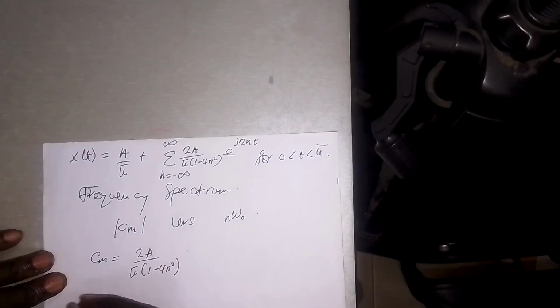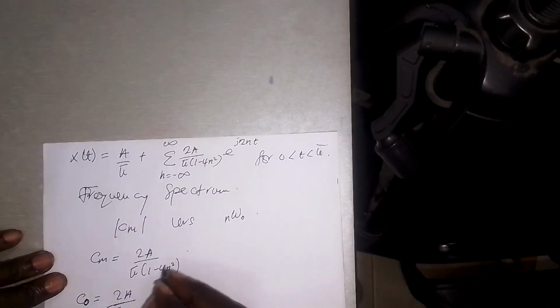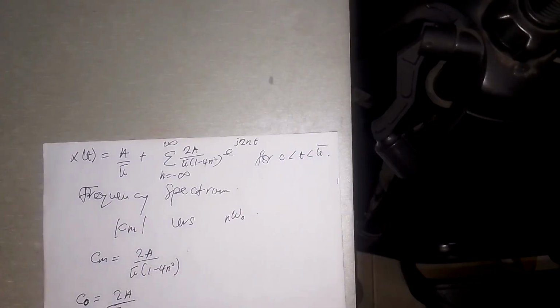Okay, so first let me start from C0. If n is 0, then the denominator becomes 1. So I'll get 2A over pi, which is basically the same thing I got for C naught.